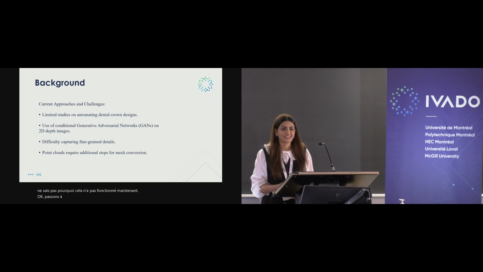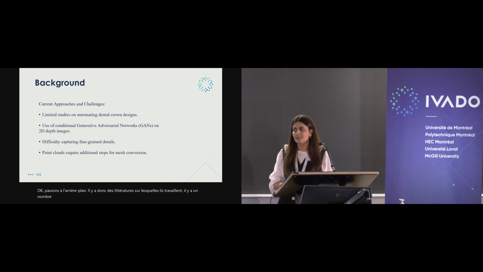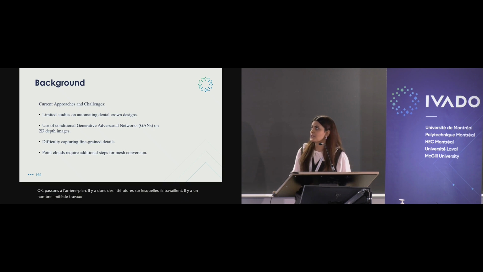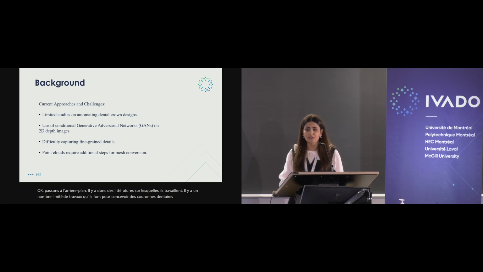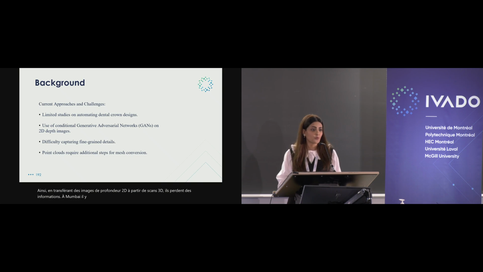Okay, let's go to the background. In the literature, there are a limited number of works on designing dental crowns. They use, for example, generative adversarial networks, but with 2D depth images. By transferring from 3D scans to 2D depth images, they lose some information. Another representation is the 3D point cloud.